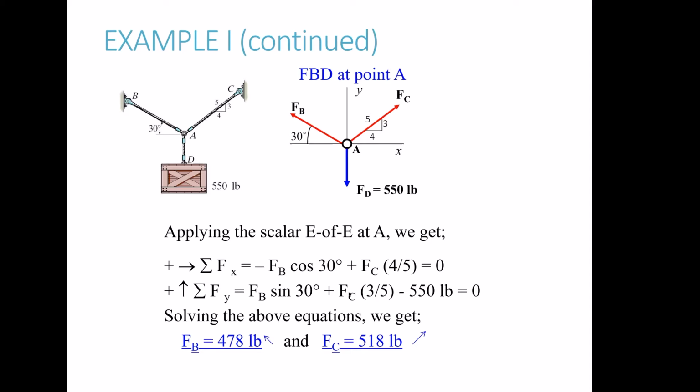Now you have FC equals FB cosine of 30 divided by 4/5, or times 5/4 on this side of the equation. That's equal to FC, and you just substitute it in for FC right here, and now you have an equation with FB. So that's one way to do it, with substitution. Then you can solve that and come up with the answer.